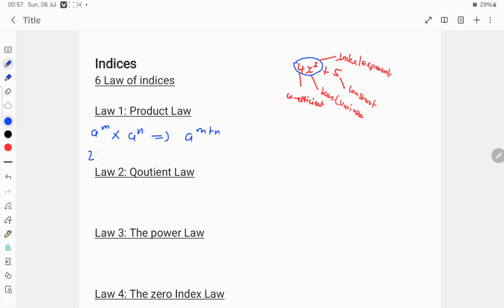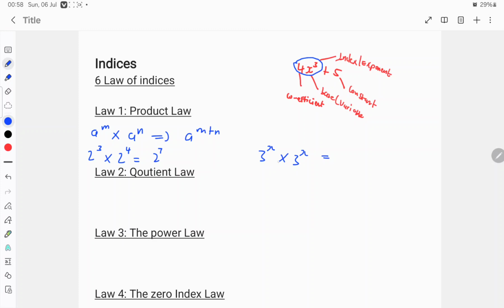For example, if you have 2 power 3 times 2 power 4, your answer will be simply 2 power 7, because I have added 3 and 4. This law can also represent itself in this form, where you can have something like 3 power x times 3 power x again.